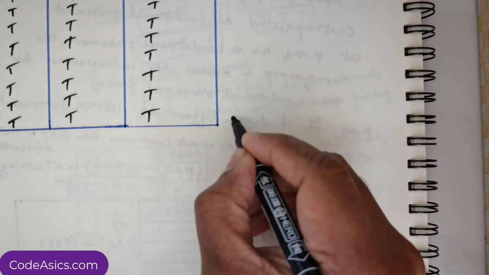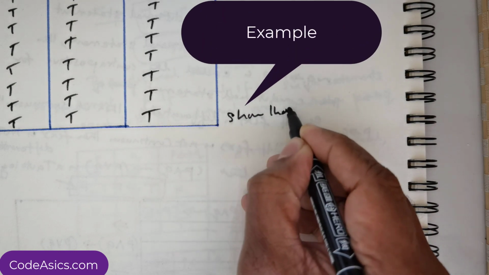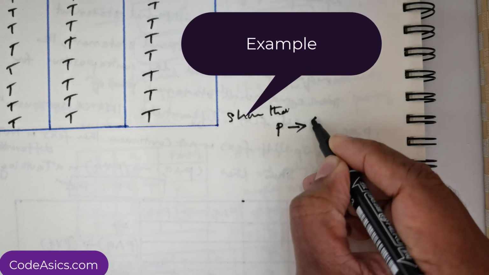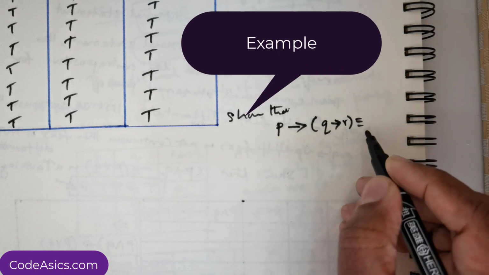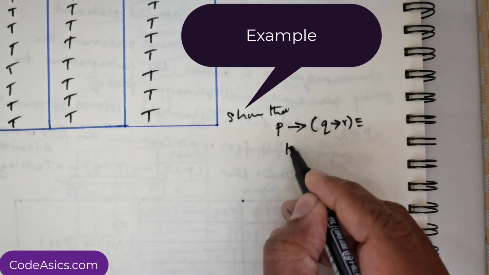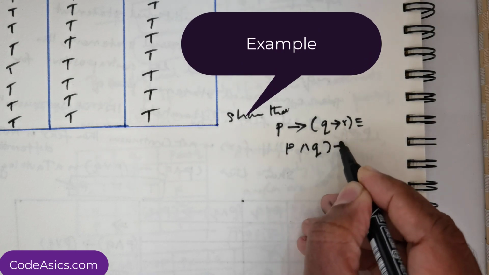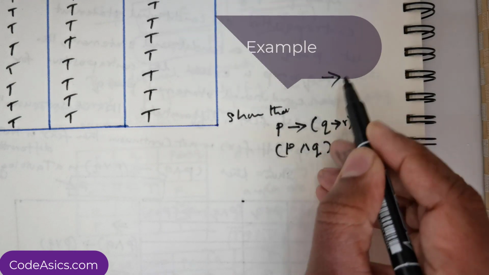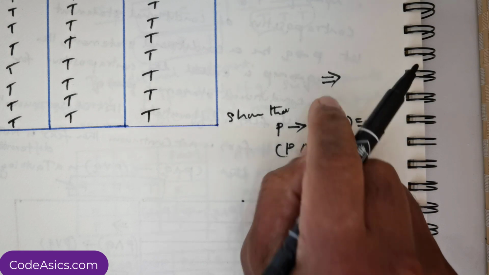Okay, so let's do this question. We are asked to show that P conditional of Q conditional R is equivalent to P conjunction Q conditional R. Sometimes in some of the textbooks, instead of the arrow, they are utilizing an arrow like this.